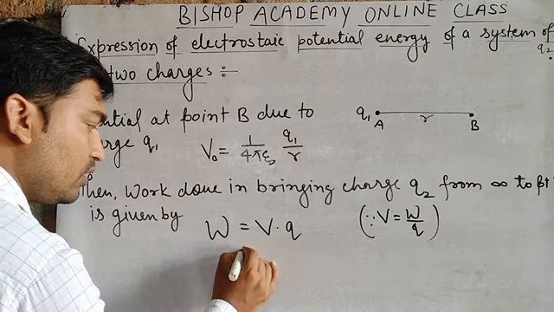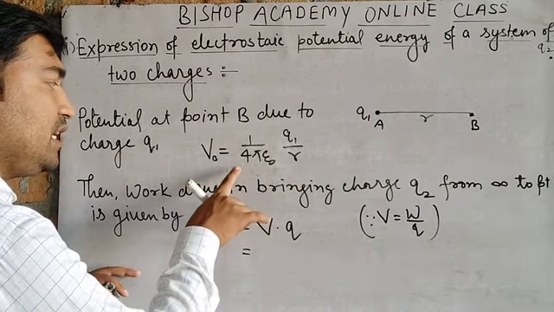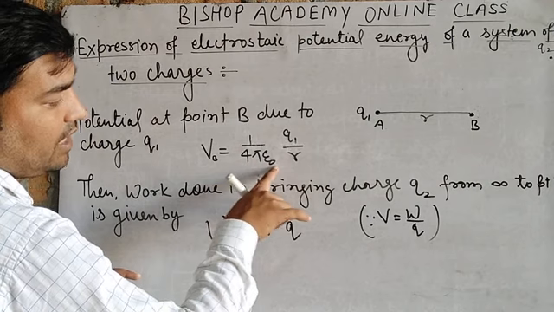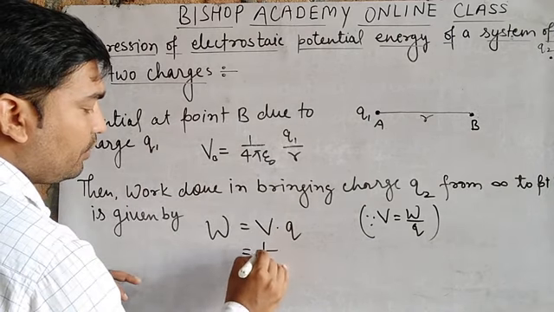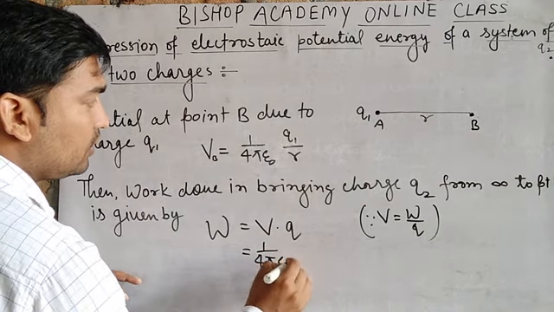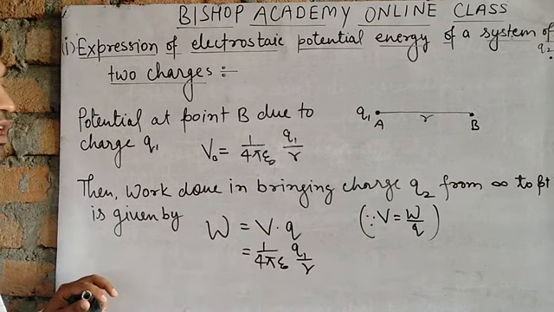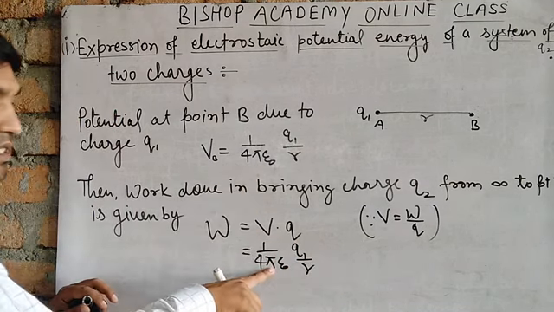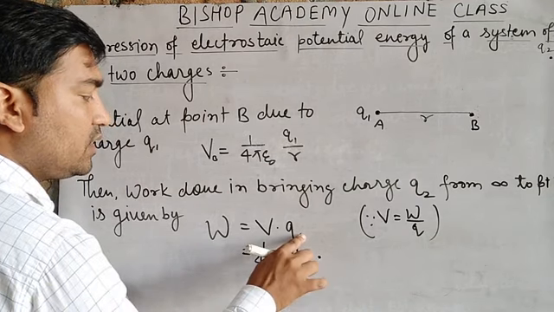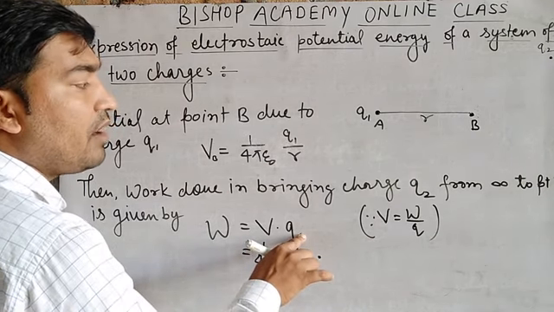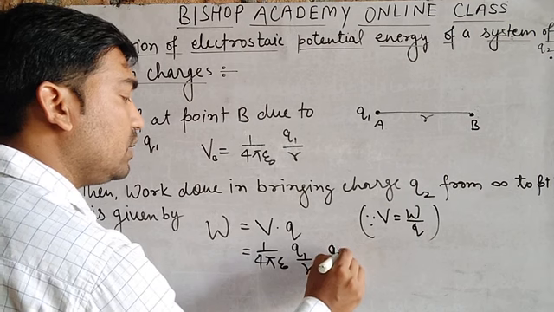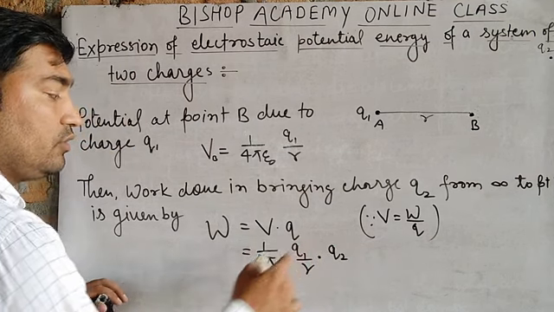Potential at point B is 1 upon 4 pi epsilon naught Q1 upon R, and the charge which is brought from infinity is Q2. Then Q is equal to Q2.